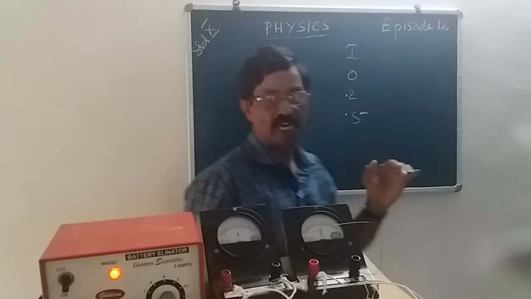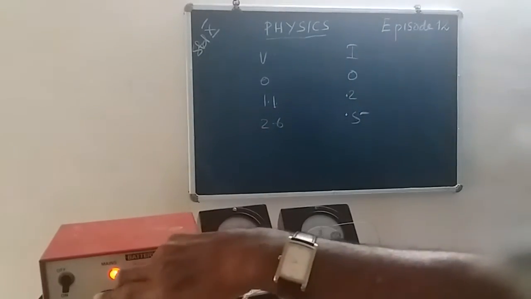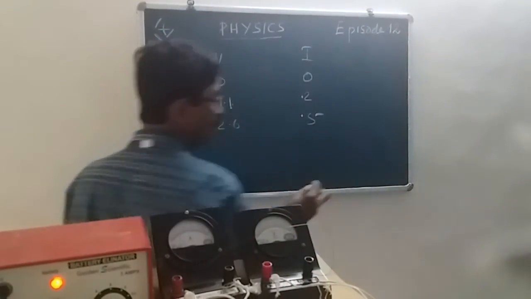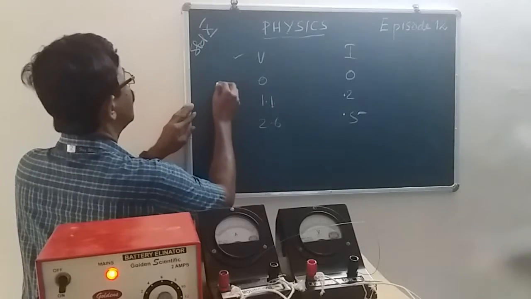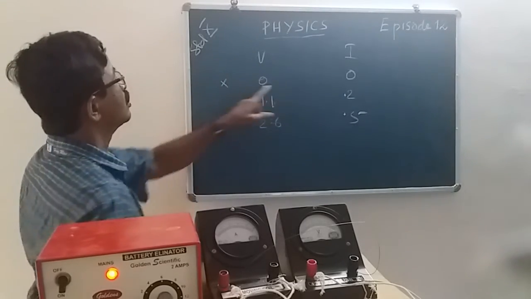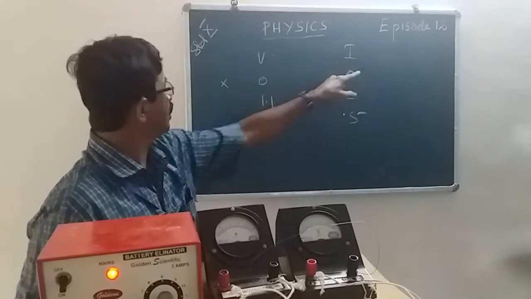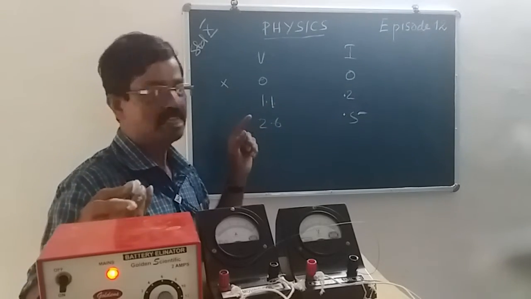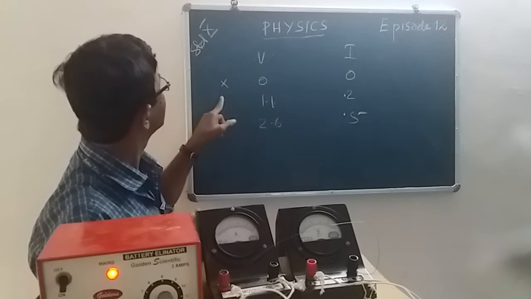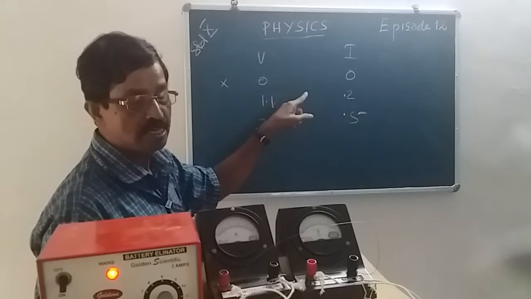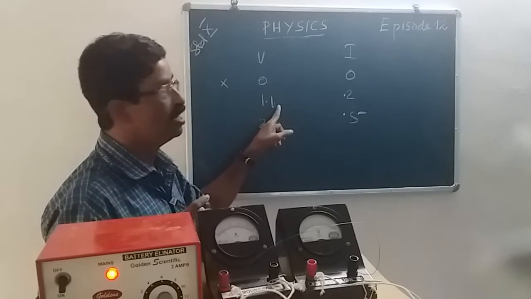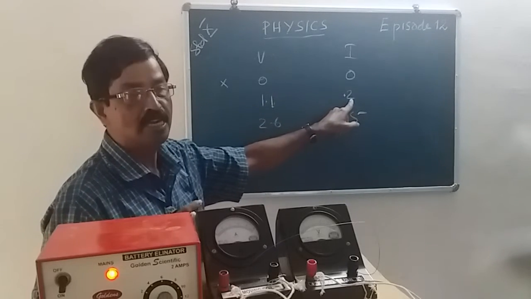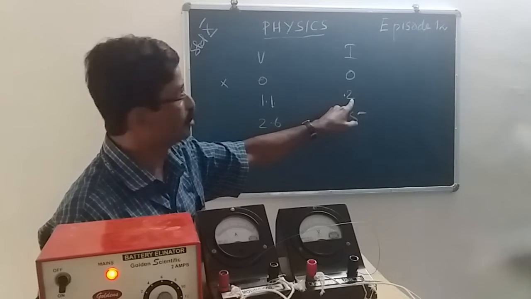And again the applied voltage is increasing. At first I gave no potential, so there is no current. When the applied potential, the battery potential or EMF, is 2 volt, the potential difference across it is 1.1, and the current through the circuit is 0.2.